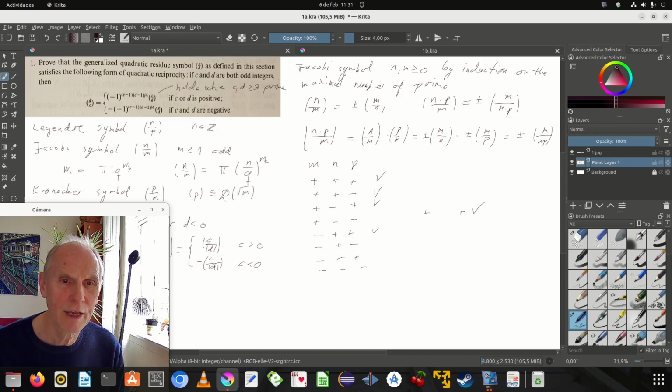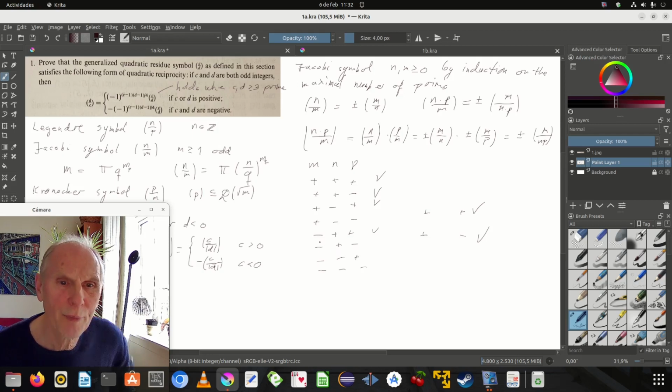In case m and p are negative, then it's a minus here, and mn is a plus, and then m is a minus and np is a minus, so that gives a plus.